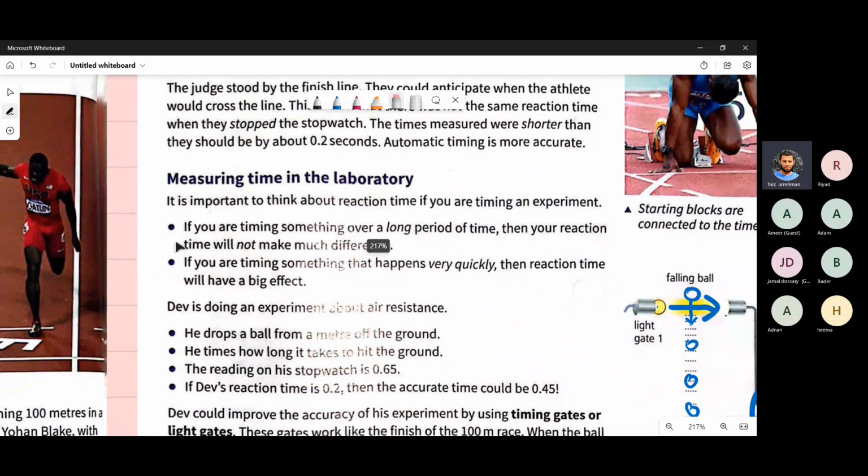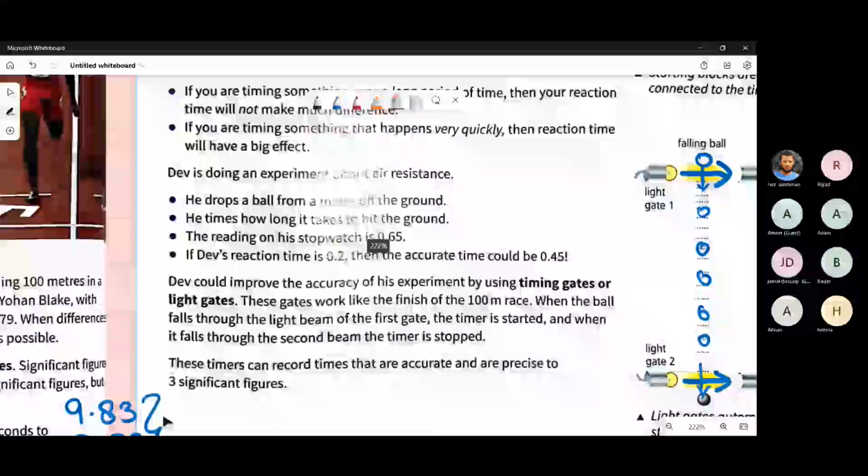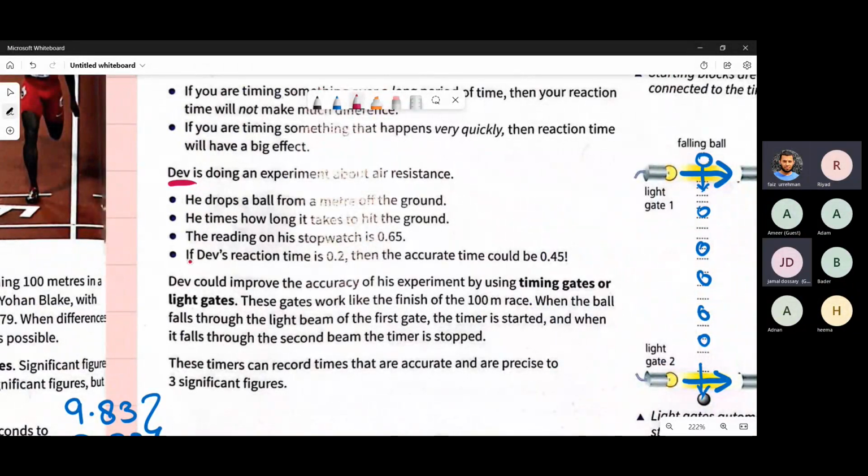Now, Dave is a name of a boy, is doing an experiment about air resistance. He drops a ball from a meter off the ground. He times how long it takes to hit the ground. The reading on his stopwatch is 0.65. Because this time he was involved, he got a delay.